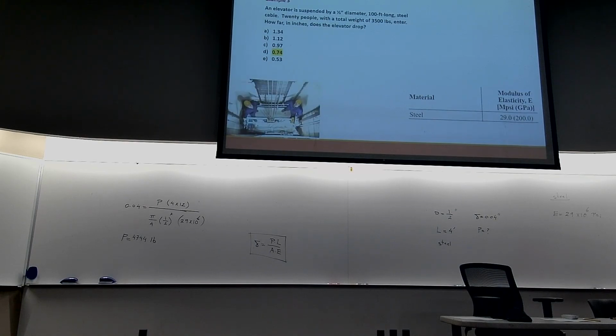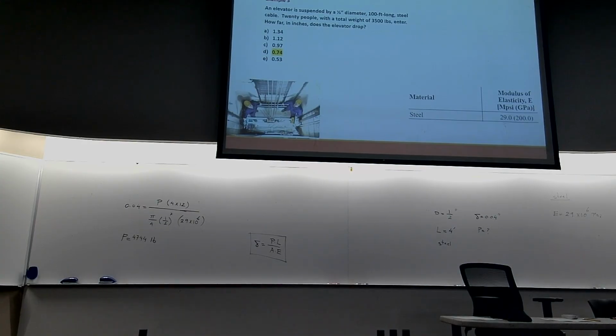Here's another one, in which there's an elevator suspended by a 1/2 inch diameter, 100-foot long steel cable. 20 people with a total weight of 3,500 pounds enter. Obviously, the cable is going to stretch a little bit.